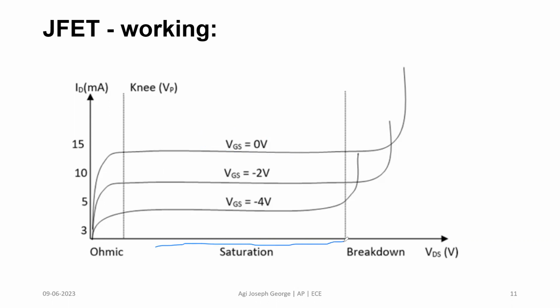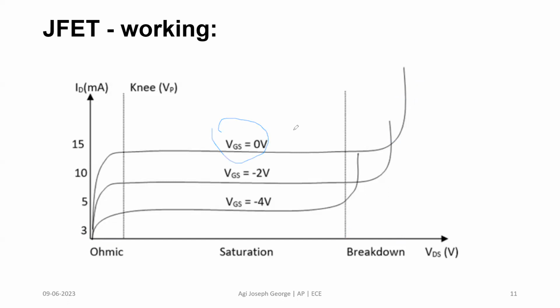After that, if the voltage is increased further, there is a breakdown voltage, this is the breakdown voltage for VGS equal to 0. After that, no matter what voltage you apply, the current tends to increase rapidly, and this is known as a breakdown. So this breakdown voltage is at a higher VDS for VGS equal to 0.